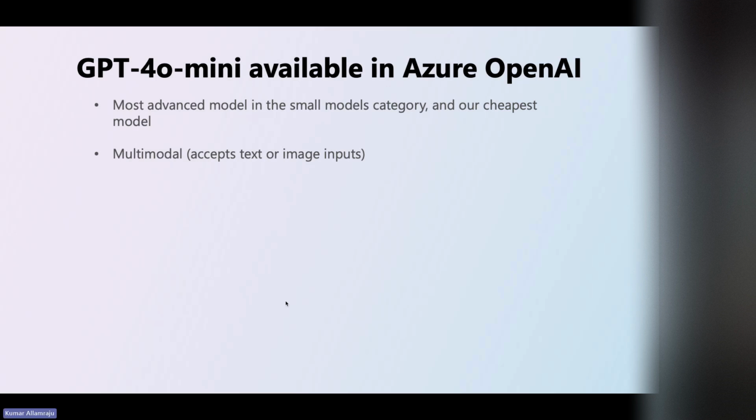So GPT-4o is multi-modal, but GPT-4o Mini is also multi-modal, but obviously it's a bit cheaper, which I'll show you in the pricing calculator too. But GPT-4o and GPT-4o Mini both are multi-modal language models from OpenAI.